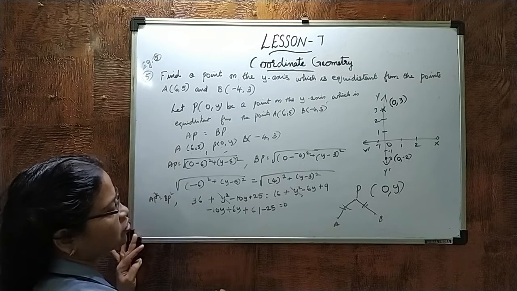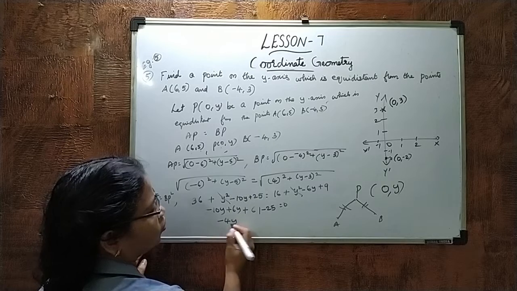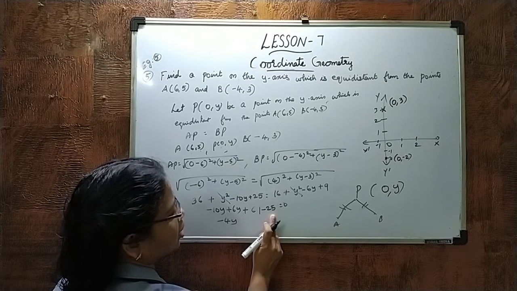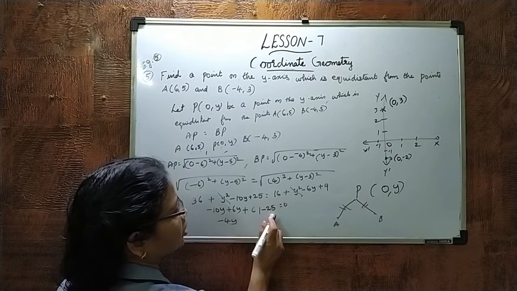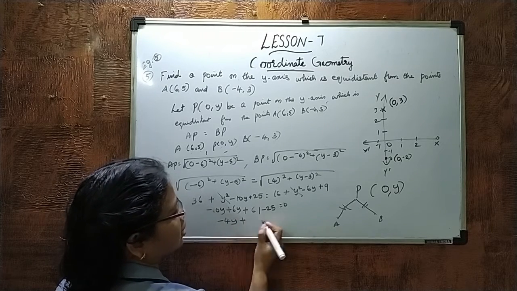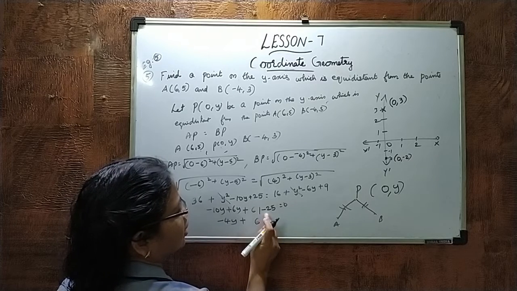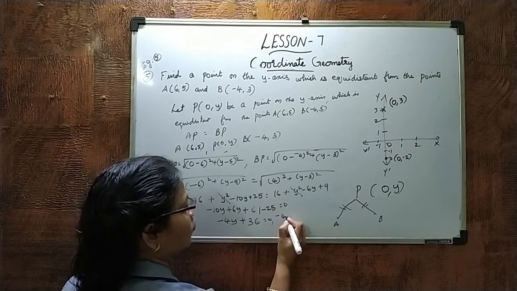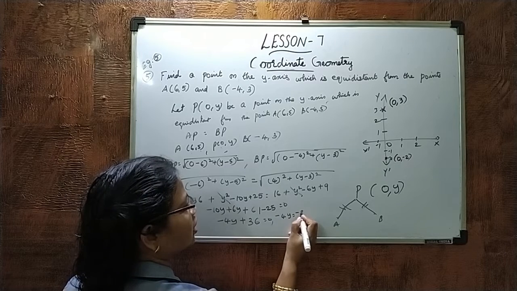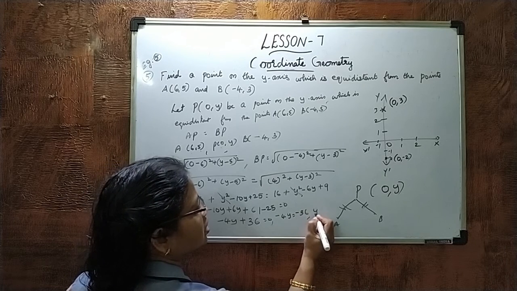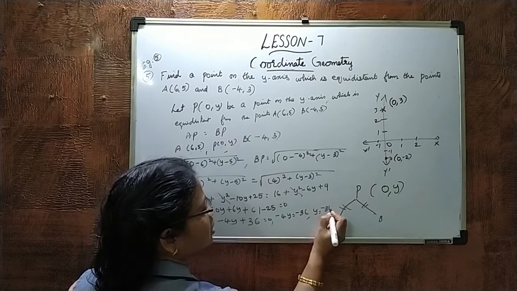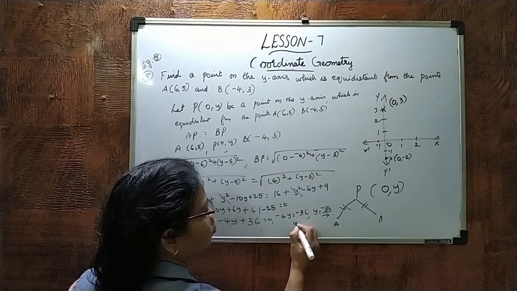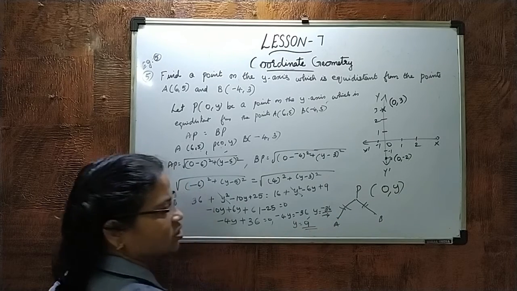Minus 10y plus 6y, it is negative 4y. Then 61 minus 25, what is it? It is 36 you will get. Right. So negative 4y is equal to negative 36. What is y then? y is equal to negative 36 by negative 4. y is equal to 9 you will get.